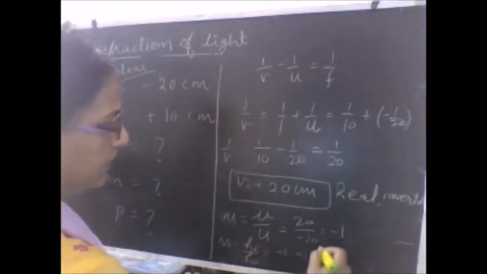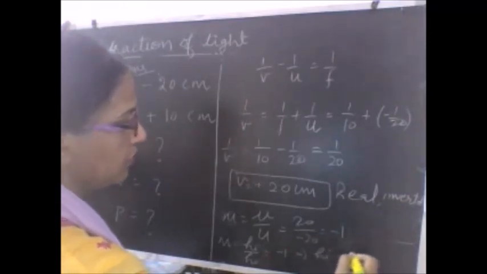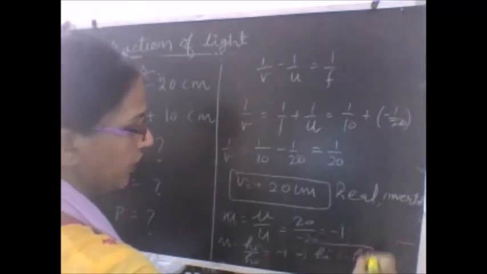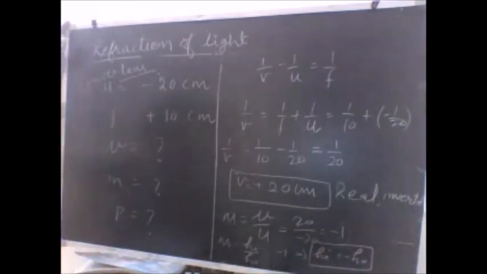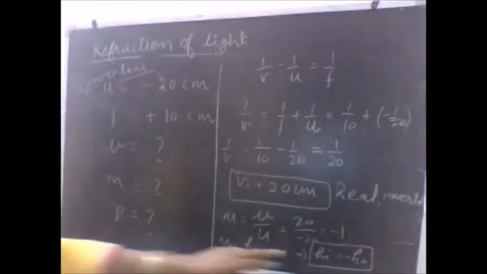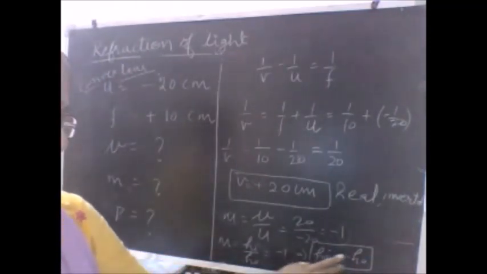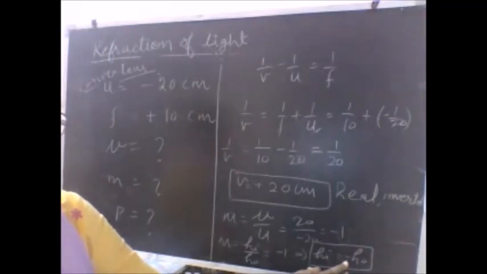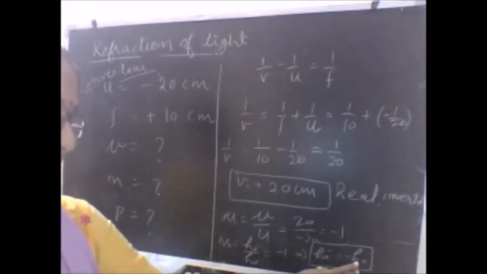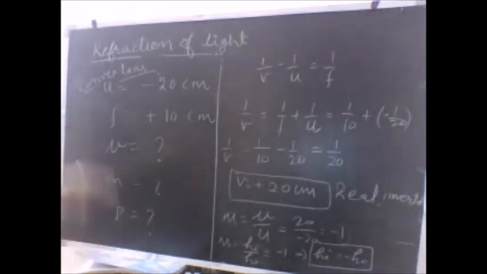What does this indicate? That height of the image is minus height of the object. That image is having a minus sign, that means the image is inverted. And since the numerical value is the same, the image is of the same size.